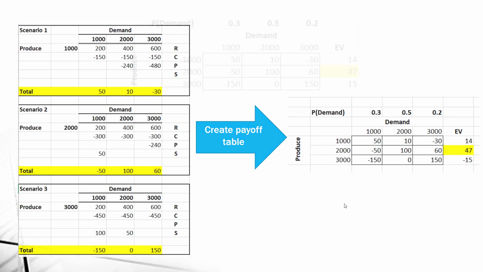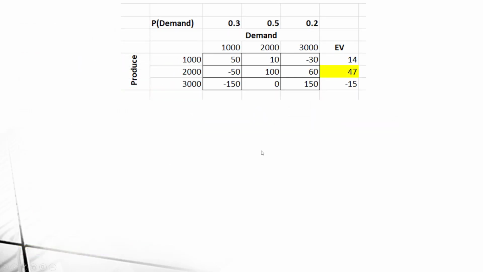All right, so from here, what if we knew we had some insider information, which might be against the law, right? But what if we knew going in advance which state of nature would occur, and you would want to pick the alternative with the largest payoff?